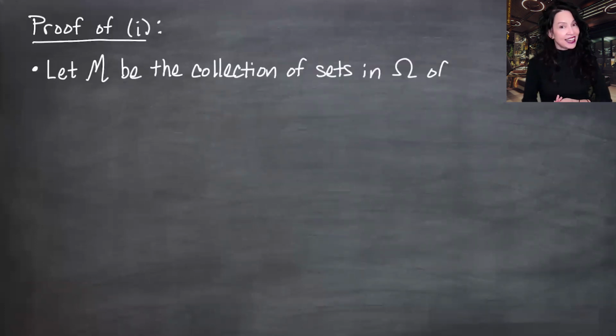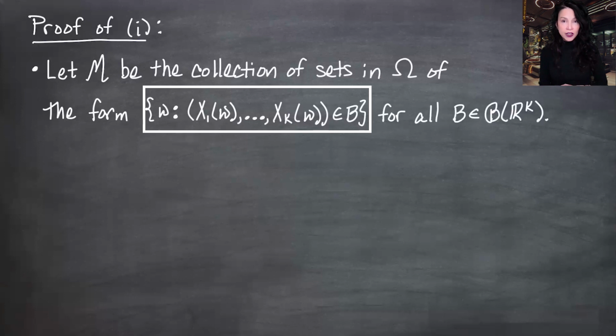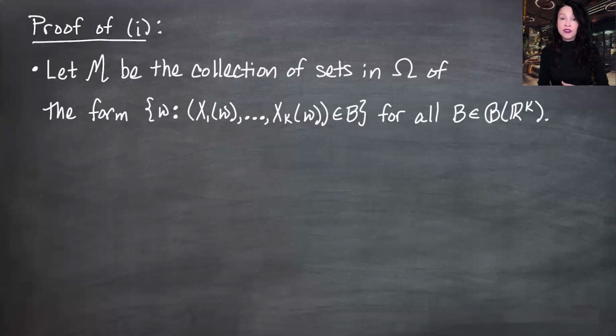I'm going to start off this proof as I usually do by defining a collection of sets, curly M, which is a class or collection of sets, and it's going to consist of all subsets of omega that actually come from pulling back some Borel set in Rk. I really love to use this full notation here because it really tells you what's going on, but we're also going to be using abbreviated notation.